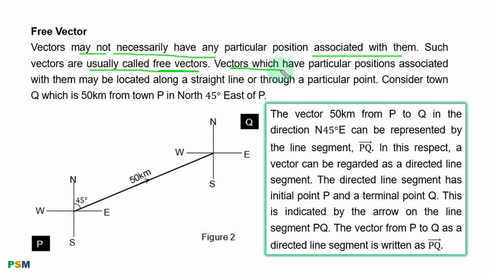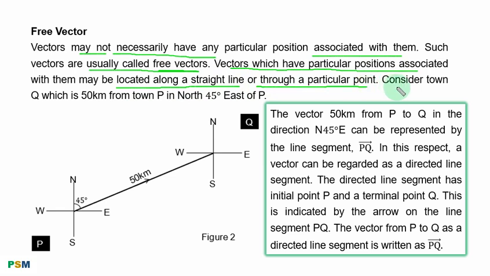Vectors which have particular positions associated with them may be located along a straight line or through a particular point.